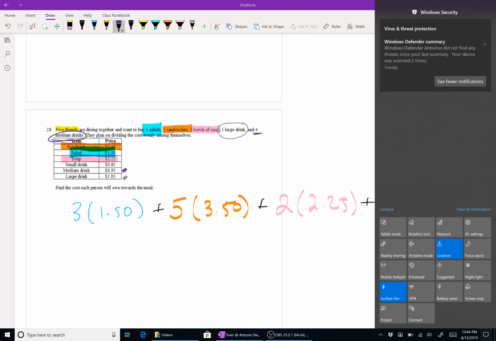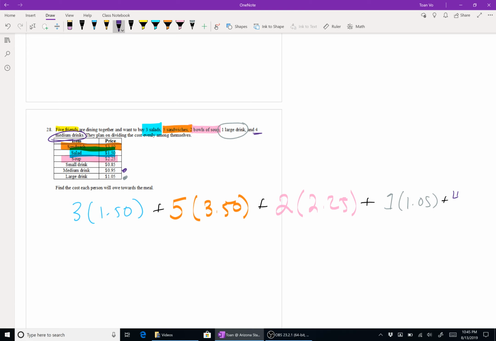So plus 4, and the medium drinks are 95 cents, 0.95.